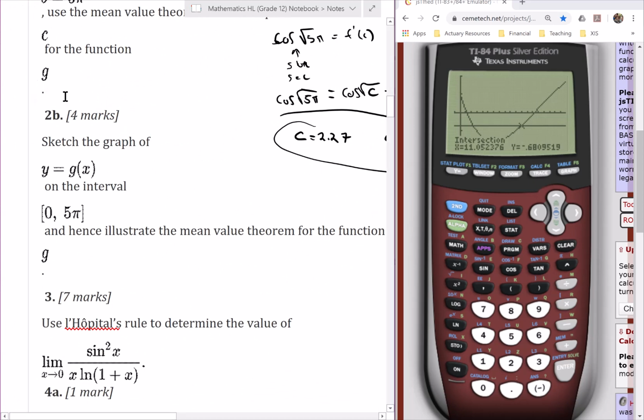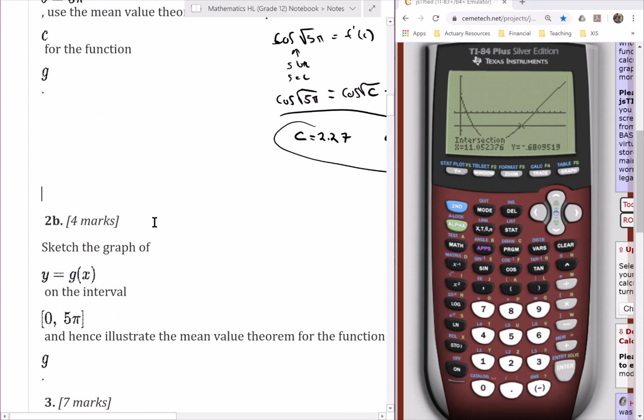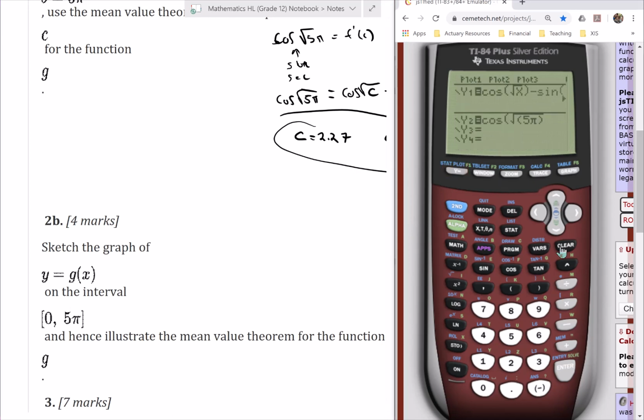Right, so part 2b says, sketch the graph of y equals g of x on the interval from 0 to 5 pi. Let's go ahead and just get a graph of this going here. G of x was x cosine square root of x.